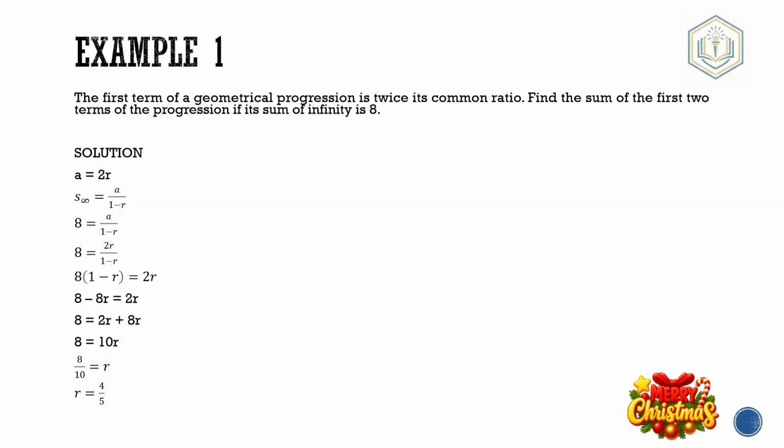Since we know that our a is 2r, where you have your a, put 2r. And we're going to have 8, open bracket, 1 minus r, close bracket equals 2r. That is, multiply both sides by 1 minus r. Then that will give us 8 minus 8r equals 2r.